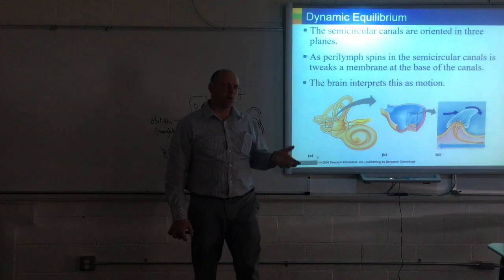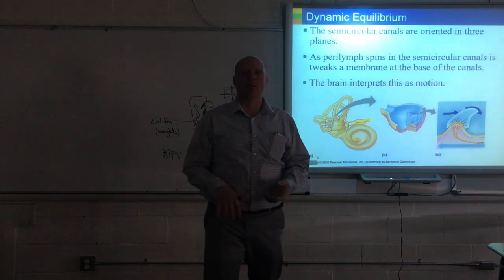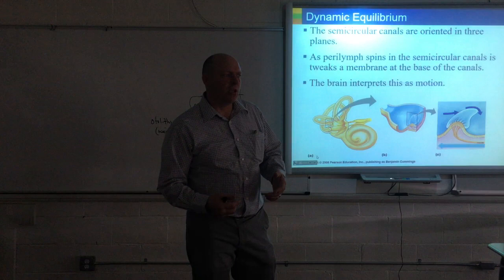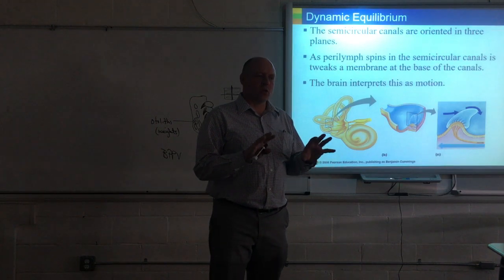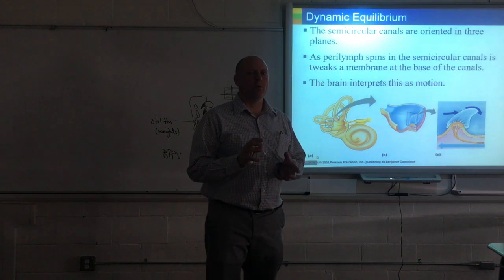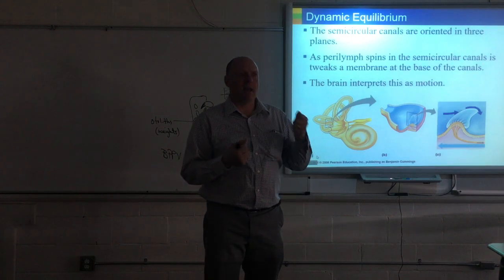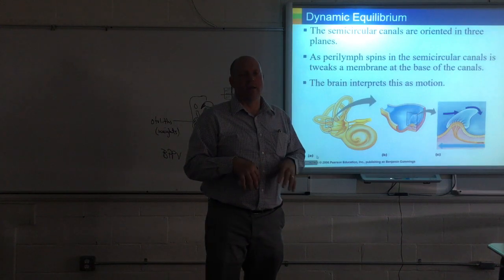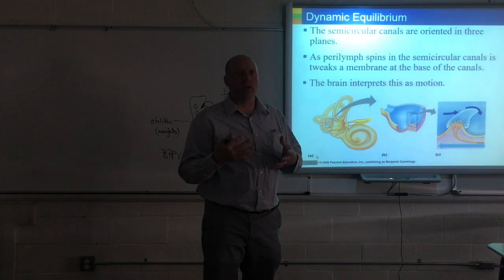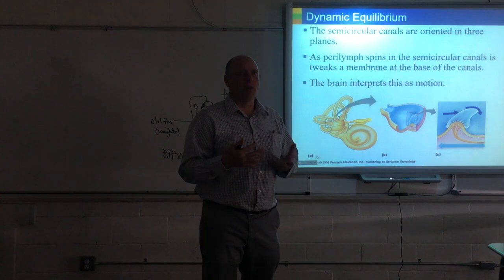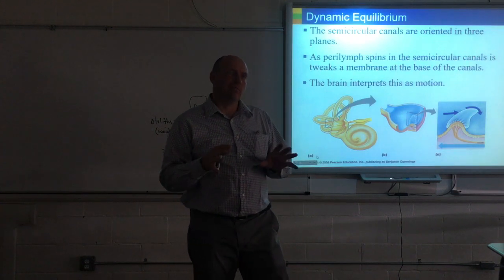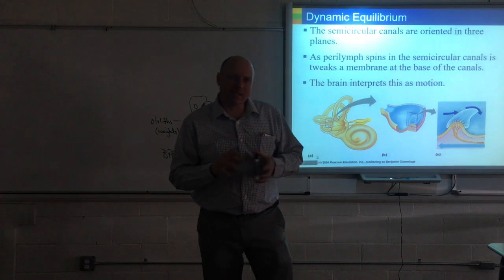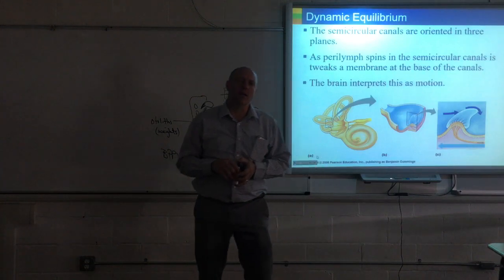One other thing, when you're in motion, you're out playing basketball or doing some activity, your semicircular canals are so important in allowing you to have this balance. The fluid is moving, and as you move, it helps you track your vision. Without it, it's similar to someone who's intoxicated, right?